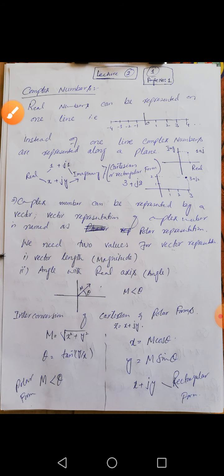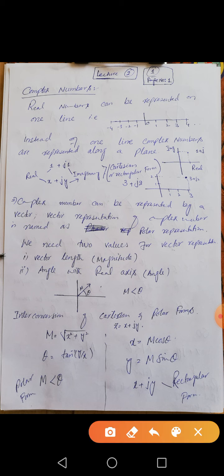But a complex number cannot be represented by a single line. It is represented along a plane like this. In a complex number, we have two parts. One is called the real part, and the other is the imaginary part.